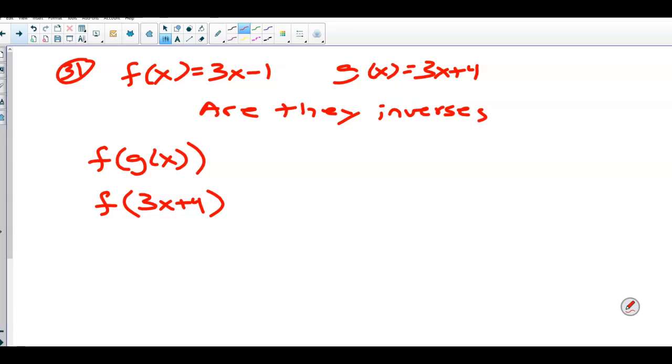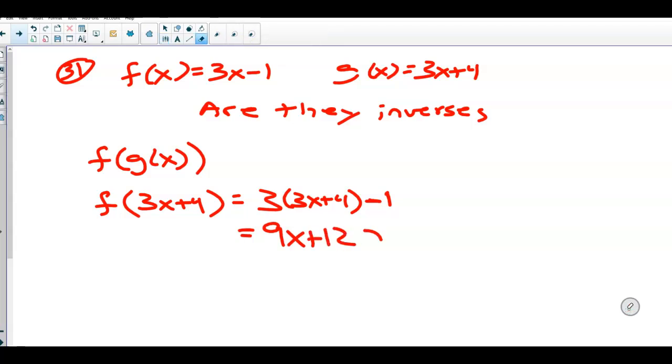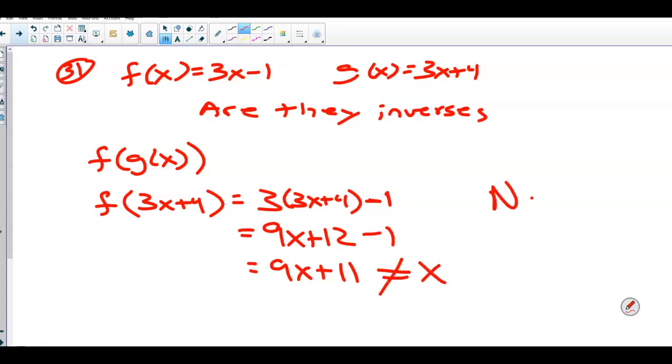Well, when I plug that in, I get 3 times 3x plus 4 minus 1. Here we get 9x plus 12 minus 1. 9x plus 11. That does not equal x. So no, they're not inverses of each other. That's how you determine inverses. You only put one in for the other.